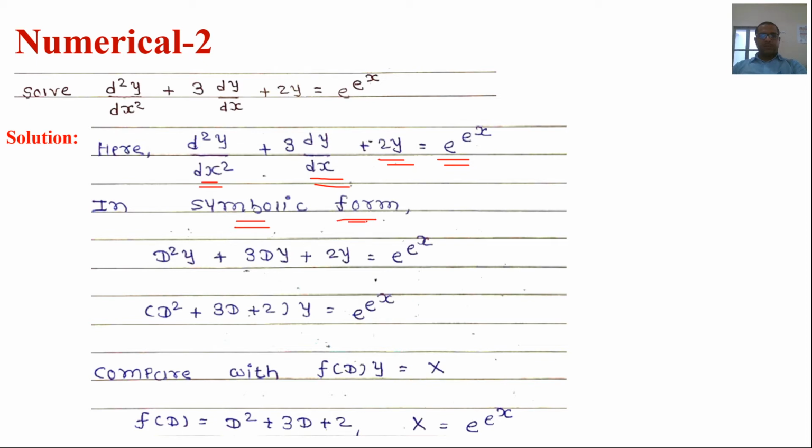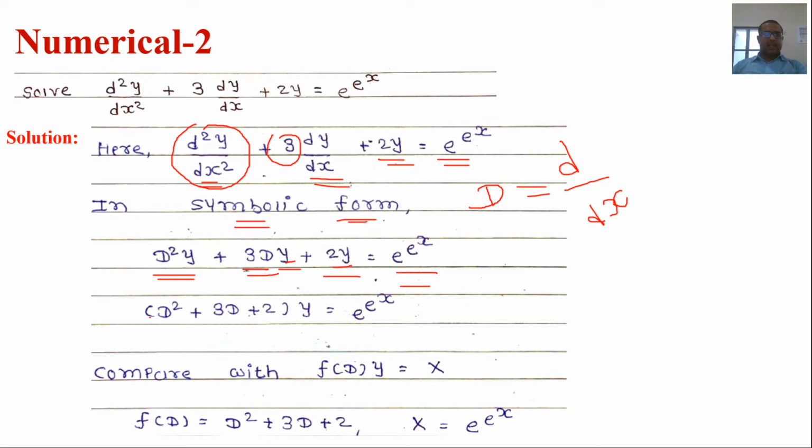For that, use the differential operator capital D, where D is equal to d upon dx. Now d square y upon dx square is written as D square y, plus 3 dy by dx as 3Dy, plus 2y is equal to e raised to x.